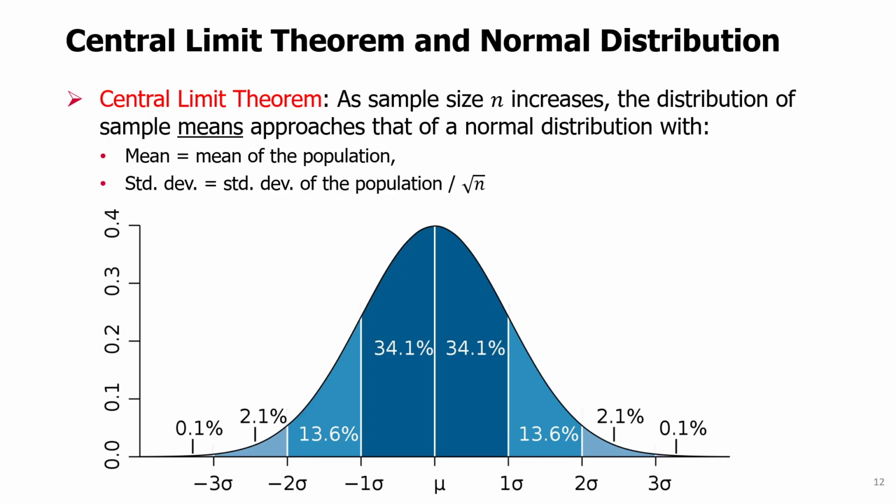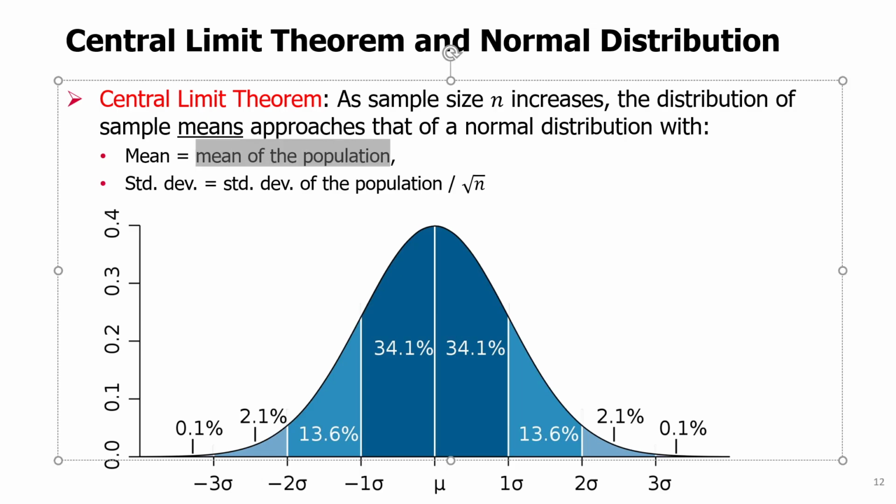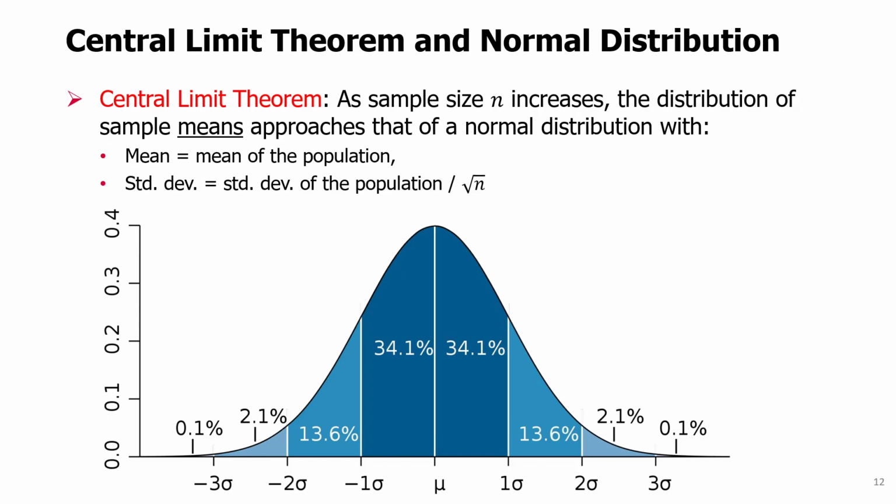Notice that the normal distribution that we expect here has the same mean as the process distribution that we were looking at, or this measurement distribution that we're looking at, but the standard deviation of the sample means will be the standard deviation of the measurement that we were measuring divided by square root of n, so it actually decreases. The larger the n, the smaller the standard deviation.